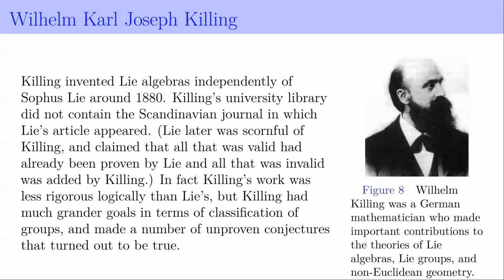However, Killing's work was, although less rigorous logically than Lie's, much grander in its goals of classification of groups, and he made a number of unproven conjectures that later turned out to be true.